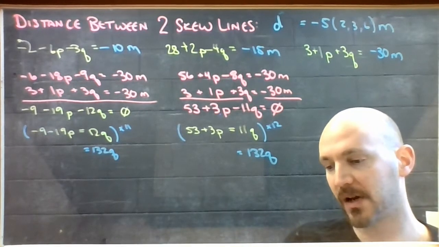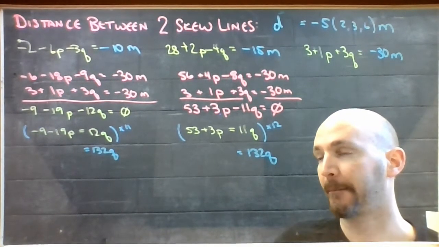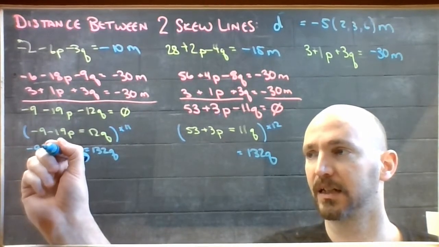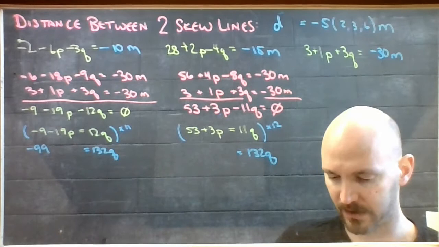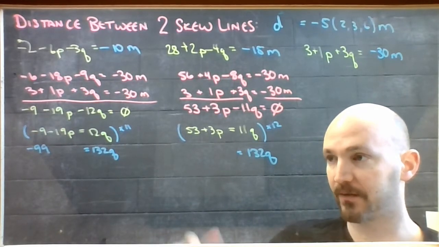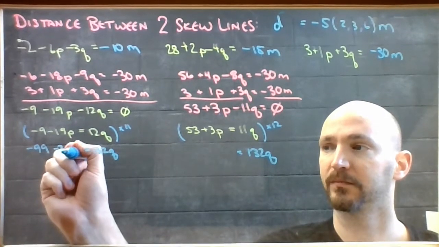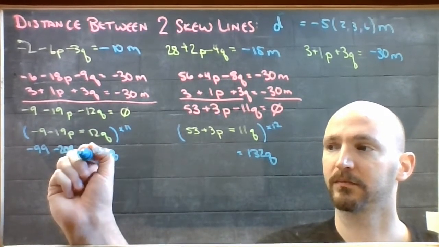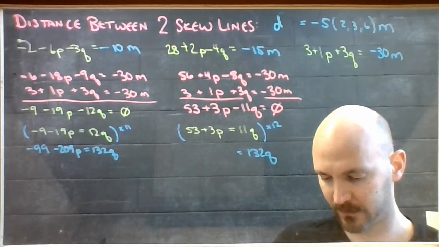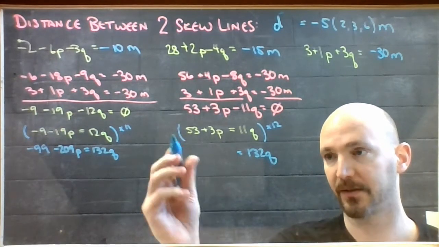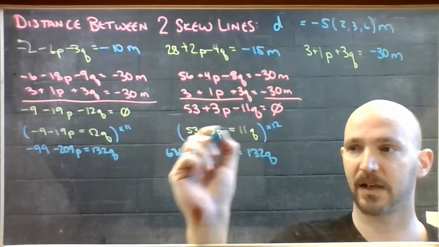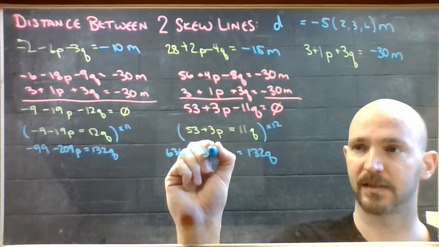Fetching my calculator, negative 9 times 11 is negative 99, and negative 19 times 11 is negative 209. 53 times 12 is 636, and 3 times 12 is 36 P's.